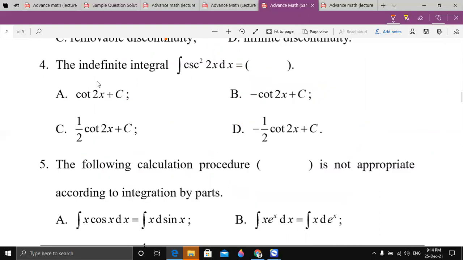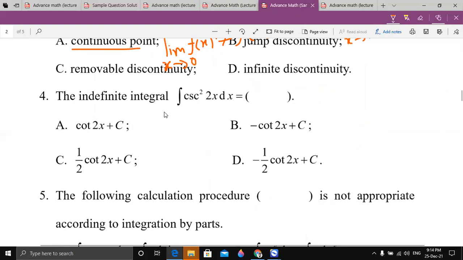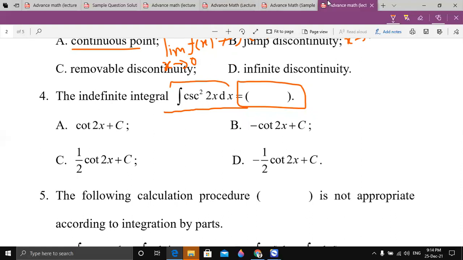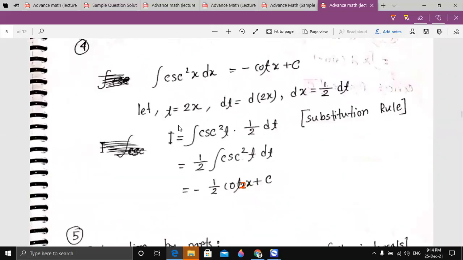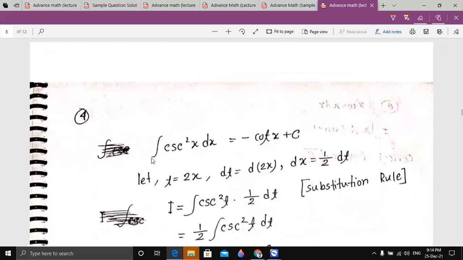So number 4, we have the indefinite integral, integration of cosec squared 2x dx is equal to what? We have to calculate this integration. From the formula, we know that integration of cosec square x dx is equal to minus cot x plus c.